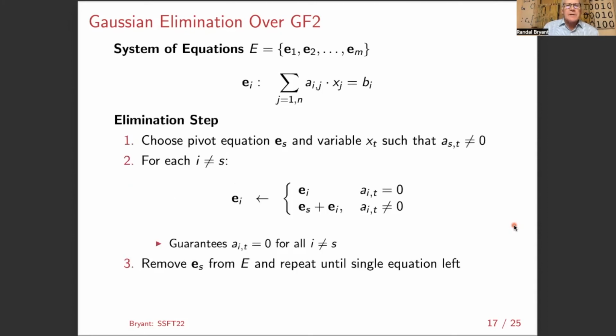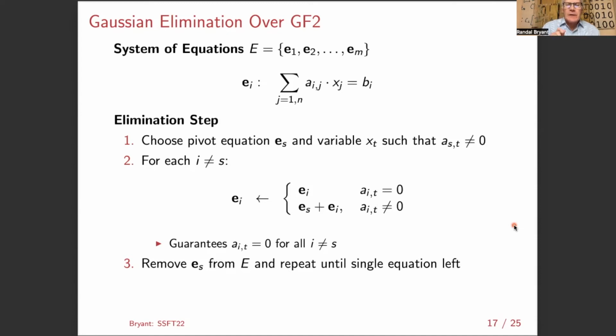The key idea of Gaussian elimination is to perform a systematic way of doing elimination steps, meaning I'll choose some equation, E sub s, and some variable x sub t that I'll call the pivot. It has the property that x sub t has a coefficient of 1 in this particular equation, E sub s.